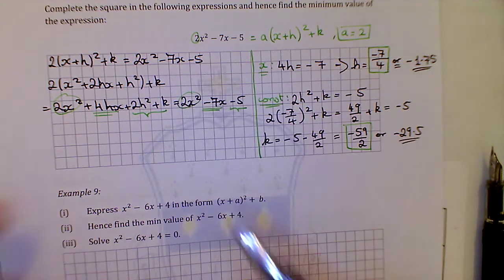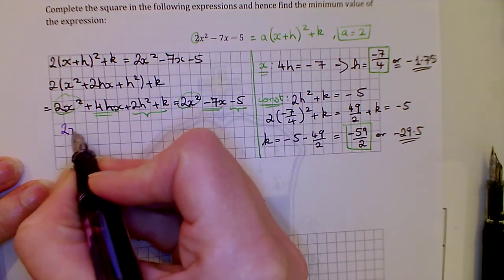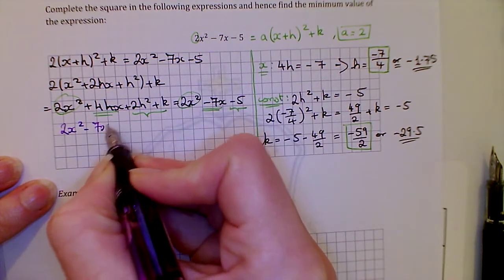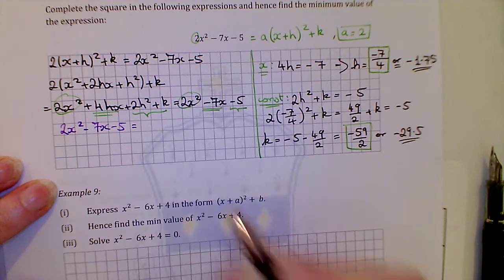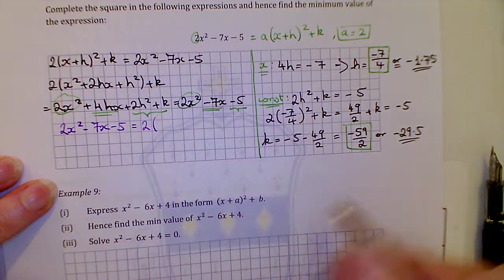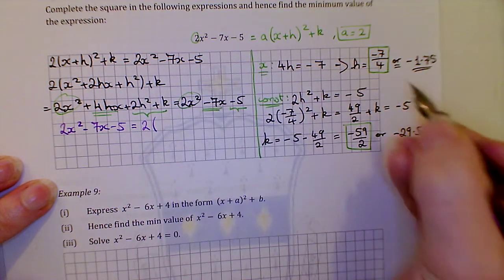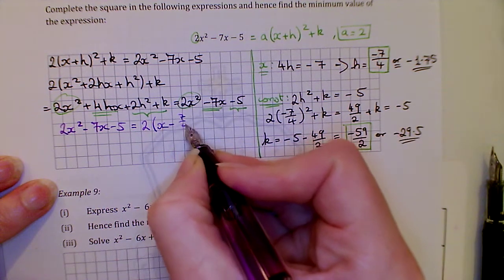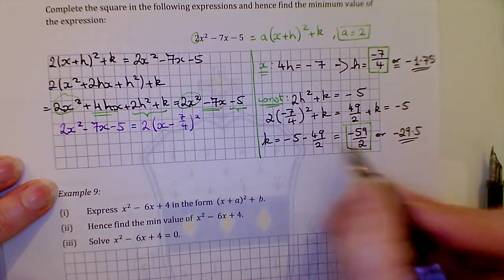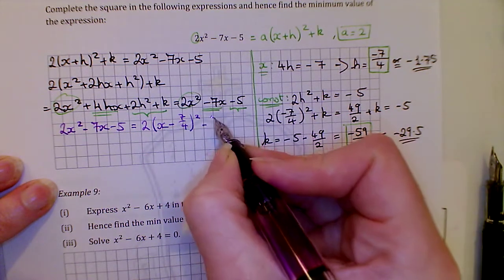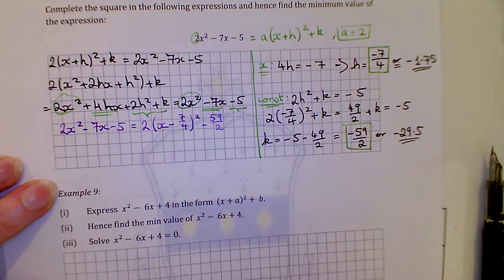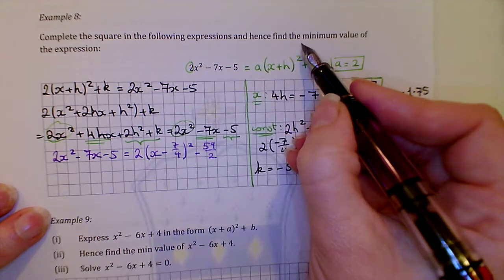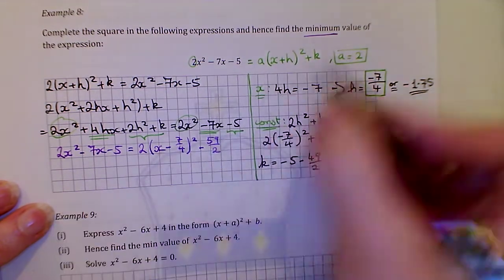So then our answer is that this 2x squared minus 7x minus 5 can be written as 2 bracket x plus h, so x minus 7 over 4 all squared plus k, minus 59 over 2. And so I now must find my minimum. So the minimum value is all they wanted.